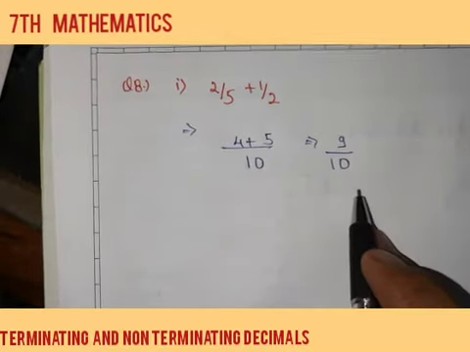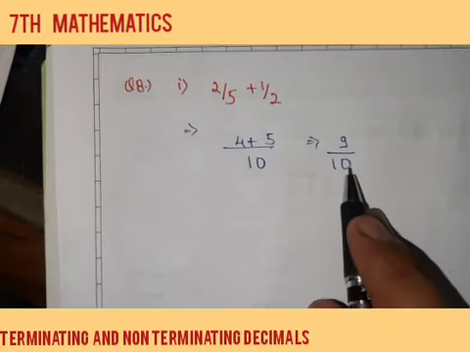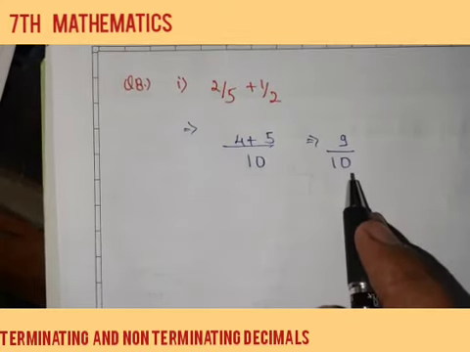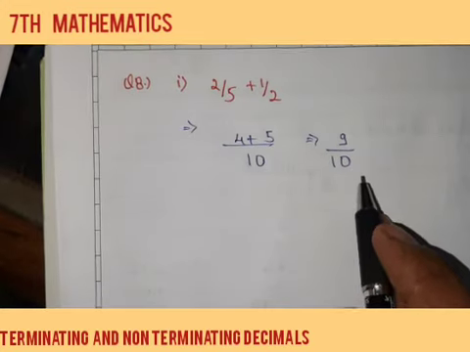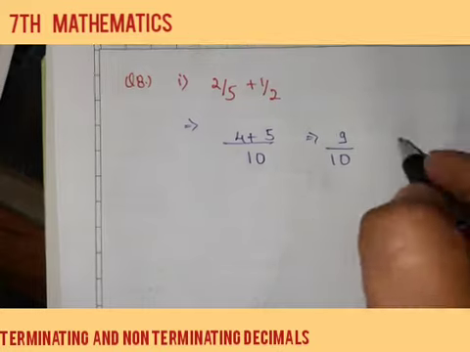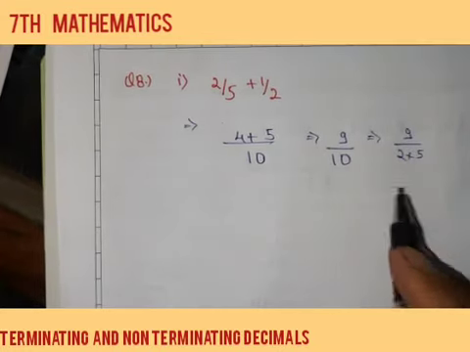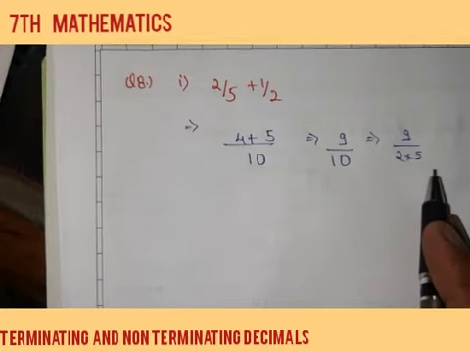Now we have simplified it and we need to tell whether it is terminating or non-terminating. Now we know if the denominator's prime factorization consists of 2 and 5, it can be terminating. So 10 will be 2 into 5. That means 9 upon 2 into 5. Now there is 2 also, there is 5 also.